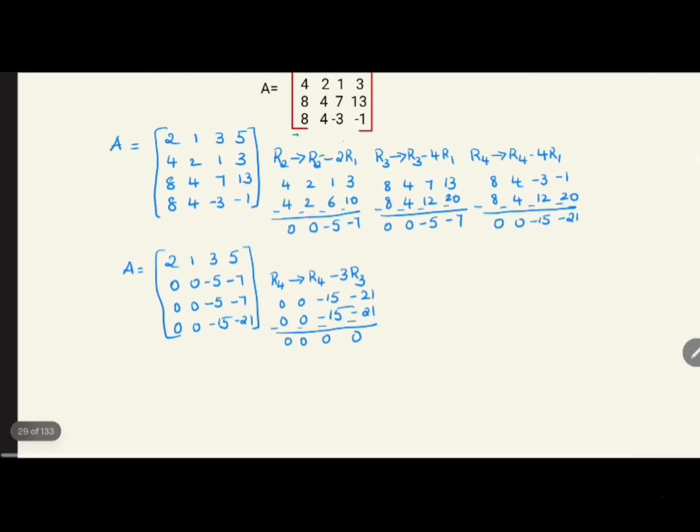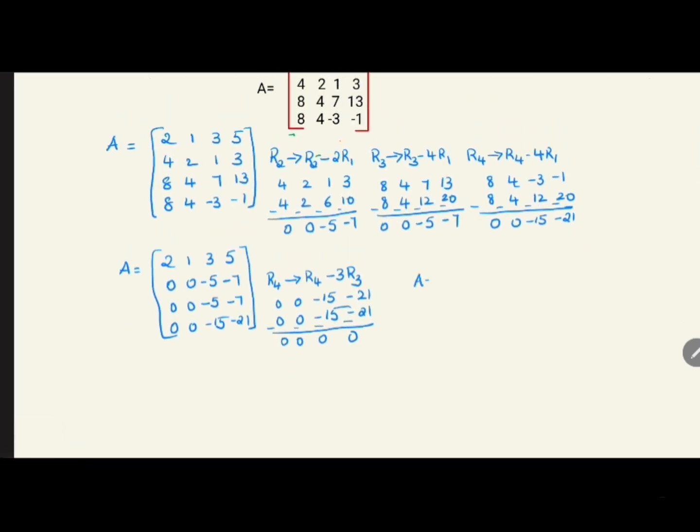Okay, now let us write down the matrix here. A is equal to 2, 1, 3, 5, 0, 0, minus 5, minus 7, 0, 0, minus 5, minus 7, 0, 0, 0, 0. Now, if you observe carefully, the second and third rows are same.